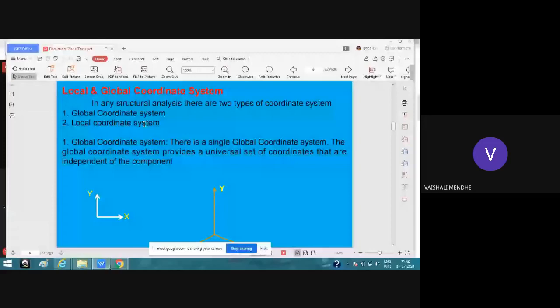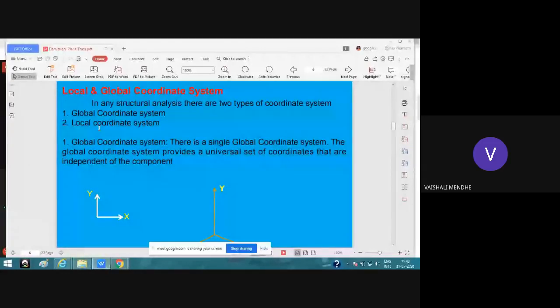These two systems are to be used for the analysis of any type of truss. So first of all, we'll see what exactly is meant by the global coordinate system and the local coordinate system.